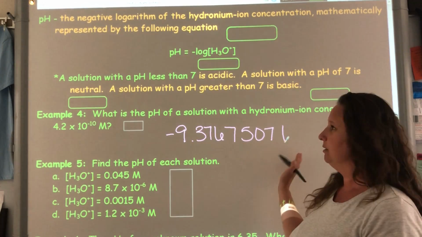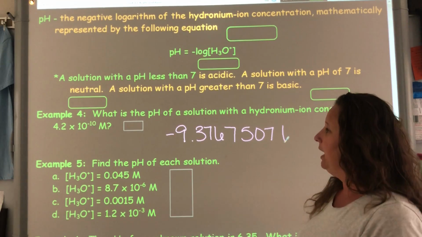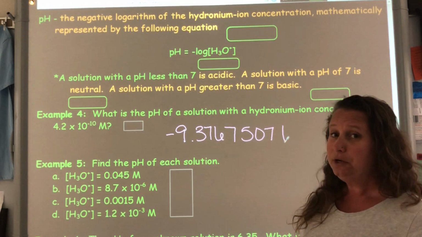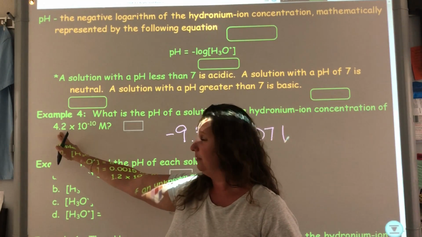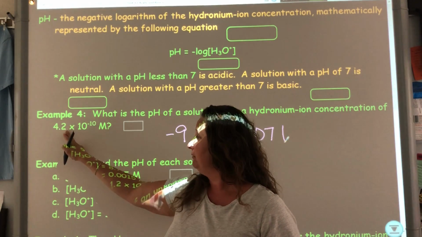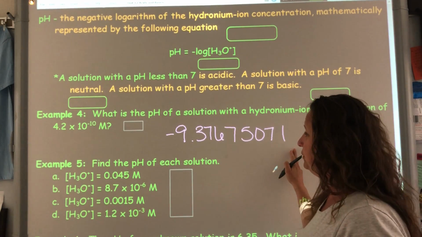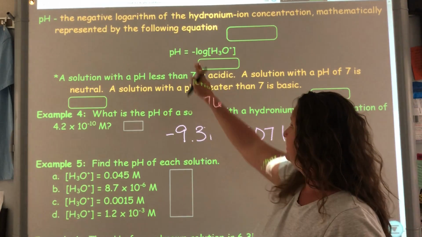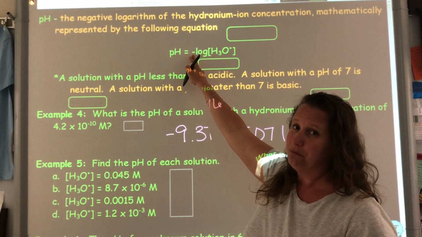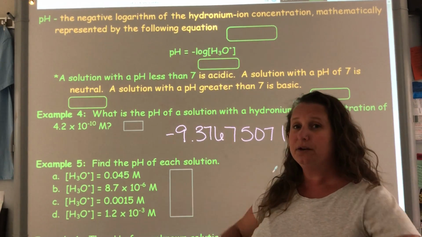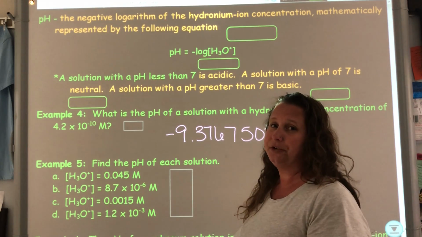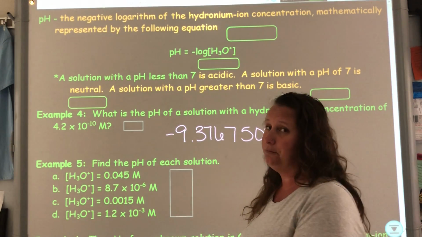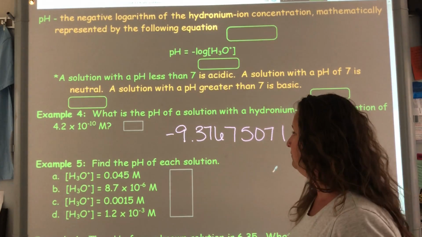Okay, so a couple of things with this number. I never want to see a number that big. That's ridiculous. And if you want to know how many significant figures you should have, well, there you go. There are 2 out in front here, so your answer should have 2. The other thing that's incorrect with this right now is that I didn't multiply it by my -1. And again, there's never a negative on the pH scale. It goes from 1 to 14, so we don't have any negative numbers.